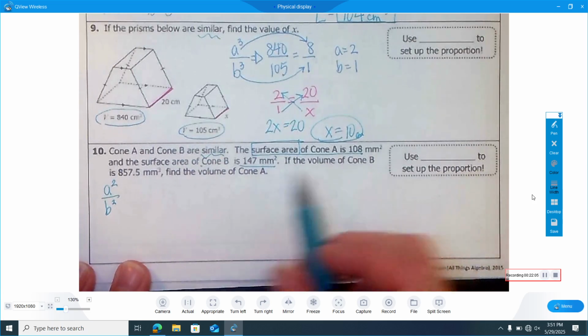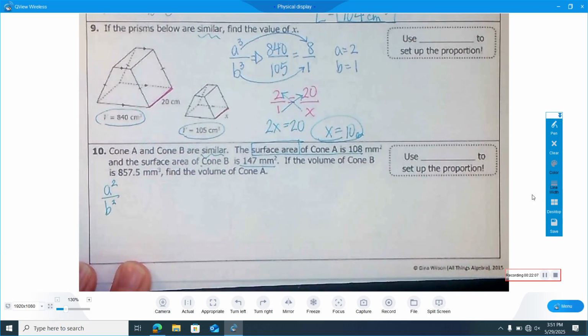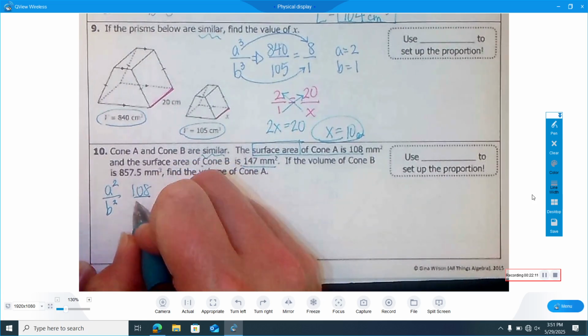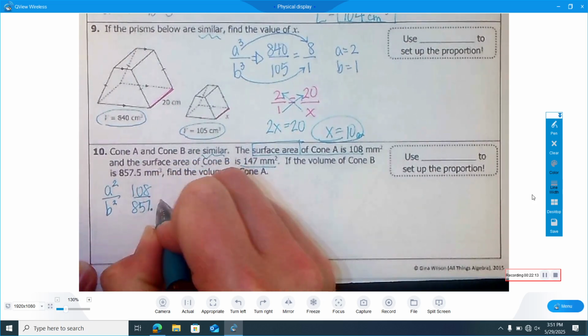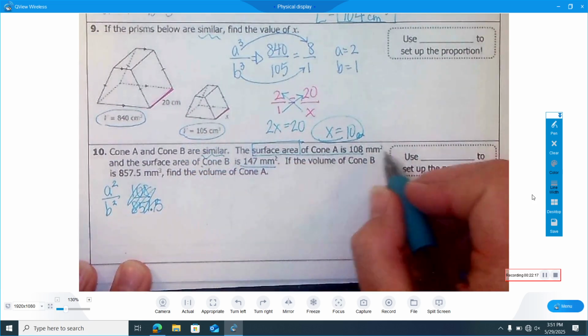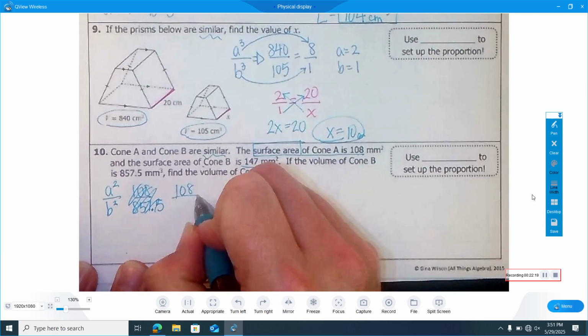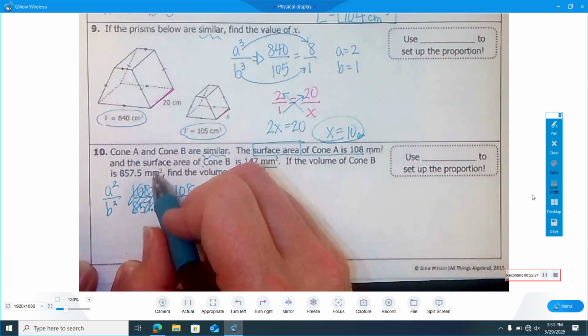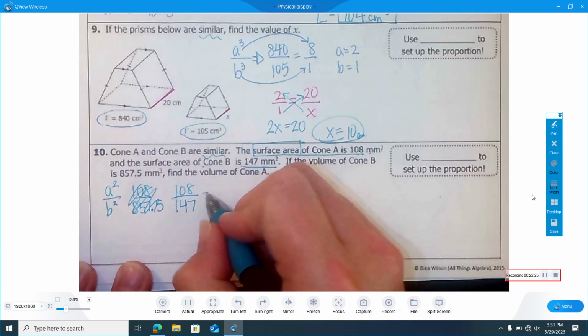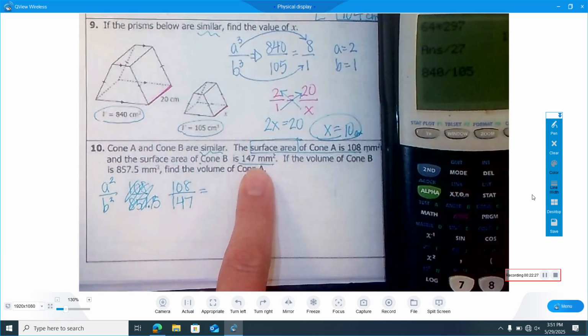Since they gave me surface area, that's how we could look at the ratios. So that's going to be 108 over... Oops, I read the wrong thing. 108 millimeters squared, and the surface area of cone B is 147. I was looking at the wrong spot. Okay, so those are our surface areas.